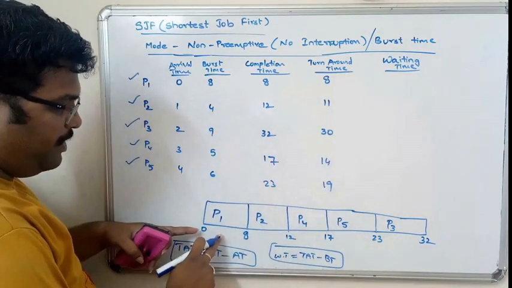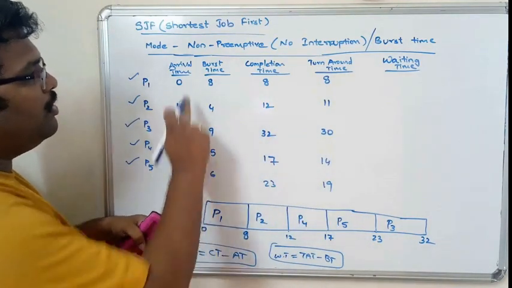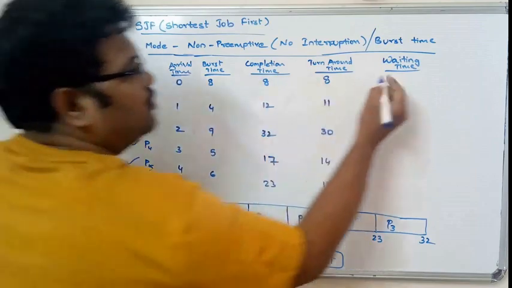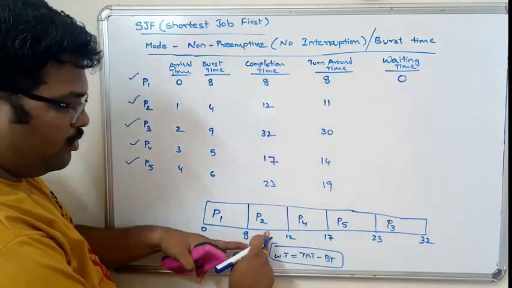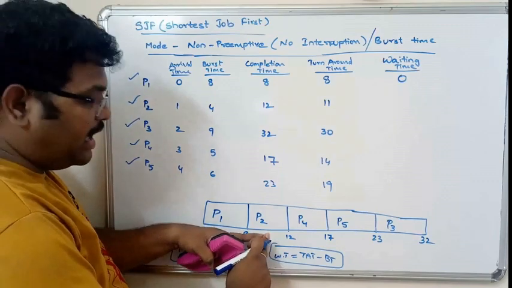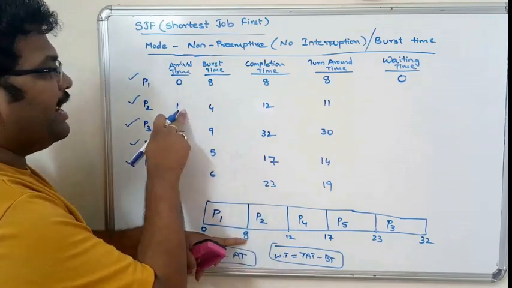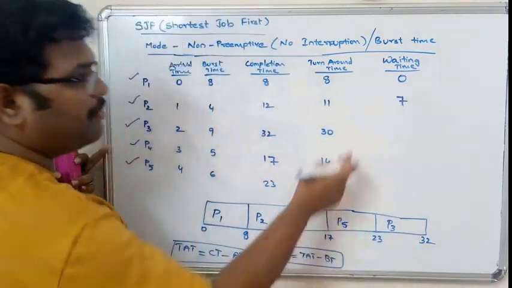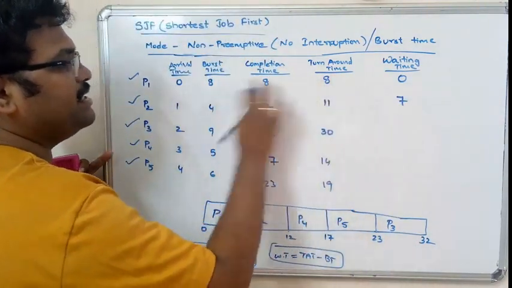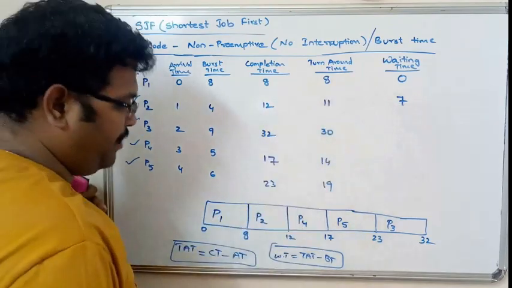P1 arrived at 0, so automatically 0. Next, P2, the CPU is allocated at 8 and it arrived at 1, so 8 minus 1, 7. If you apply the formula, you will get the same thing: 8 minus 8, 0, 11 minus 4, 7.